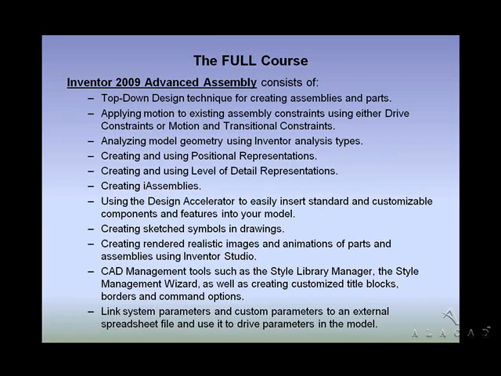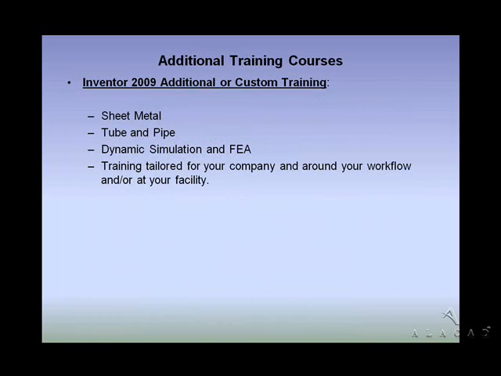We'll also be covering iAssemblies in the Advanced Assembly course, as well as everything else that you see here, including positional representations, level of detail, rendering using Inventor Studio. Just one of those things that we cover today is iAssemblies. So you'll want to check that out. Register for that. It's also in March if you'd like to take that course.